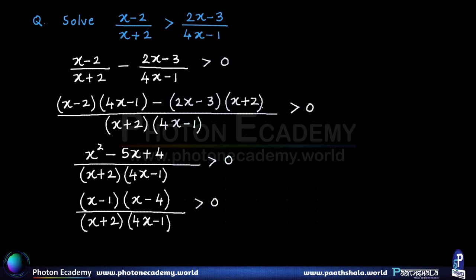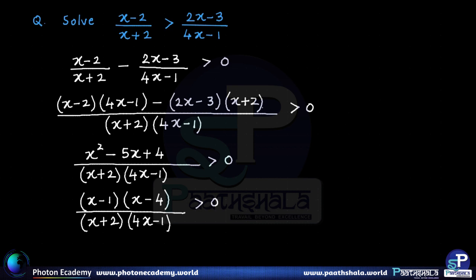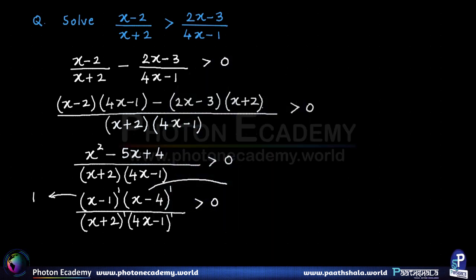Now we have the function in the required format, that is all the factors are visible and the powers of all the factors are odd. So now to mark off the values: for x minus 1 the value of x is 1, for x minus 4 it is 4, for x plus 2 it is minus 2, and for 4x minus 1 it is 1 by 4.